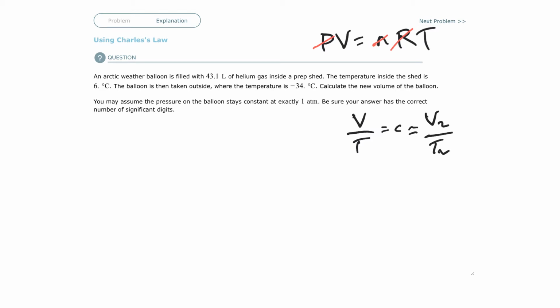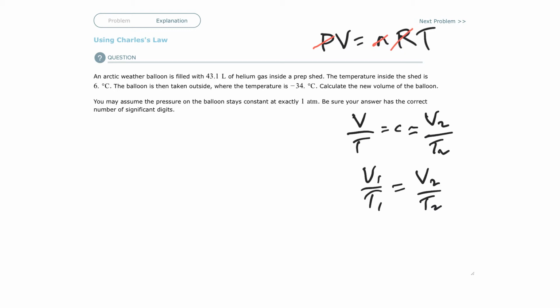And if both of them are equal to a constant, they're going to be equal to each other. So Charles's law is V1/T1 equals V2/T2. That's Charles's law.